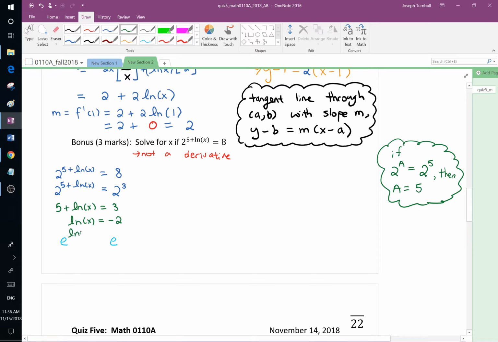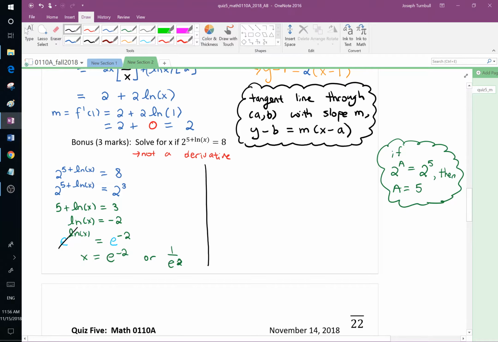So e to the ln of x equals e to the -2. The e and ln cancel. So we have x is e to the -2, or if you like, 1 over e squared. Using exponent laws, you can always turn a negative power into a positive power downstairs in the denominator. Okay, that's the easy way.